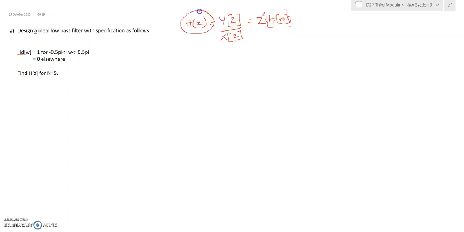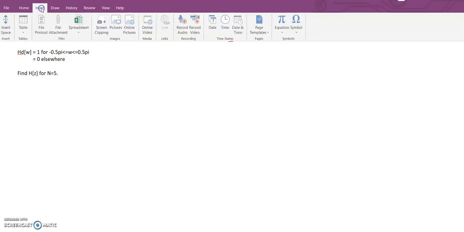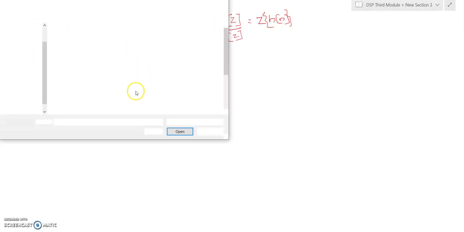So H of z is a property of a system, and here we have to design an ideal low pass filter, and eventually we are going to find H of z.